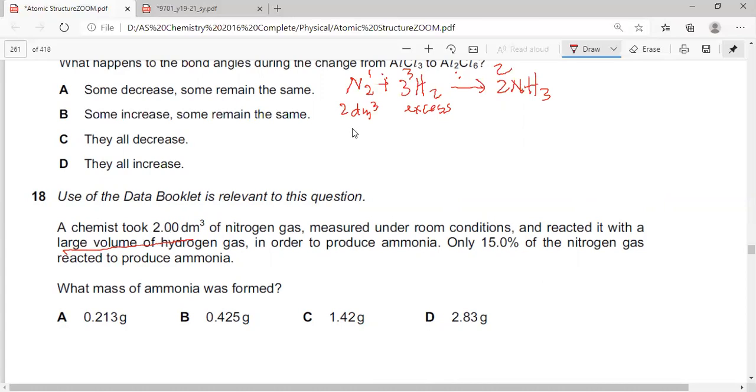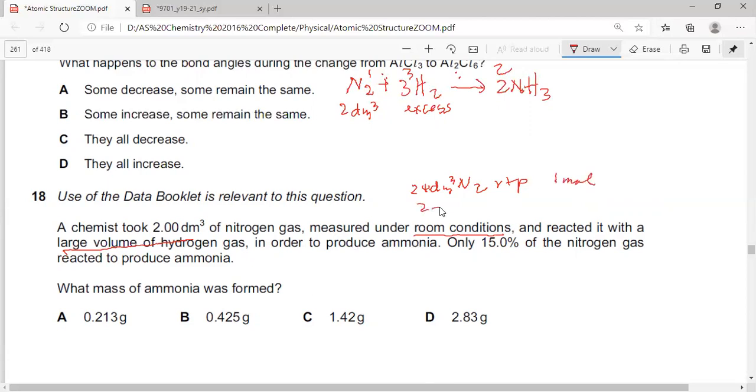First, convert this to moles. 24 dm cubed of N2 at RTP is occupied by 1 mole.